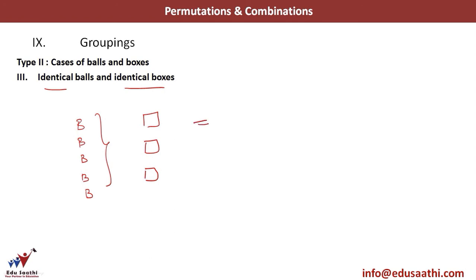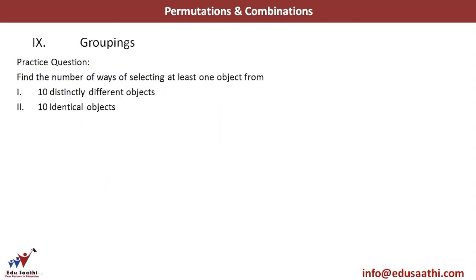The answer to this is 1, which is obviously subject to logic, because I cannot make out which box it is and which ball is going in which box. So just spend a little time on this and you'll find out that there is just one way.